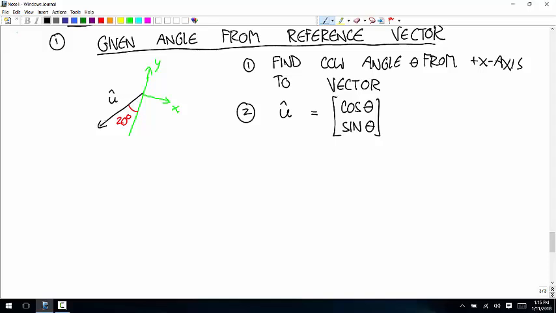So in this example, I'll just continue and show the negative x-axis. Starting at the positive x-axis, to get down to this green line, that reference line, would be 90, 180, 270. But we didn't quite go that far, so backtrack 20, so theta is 250.